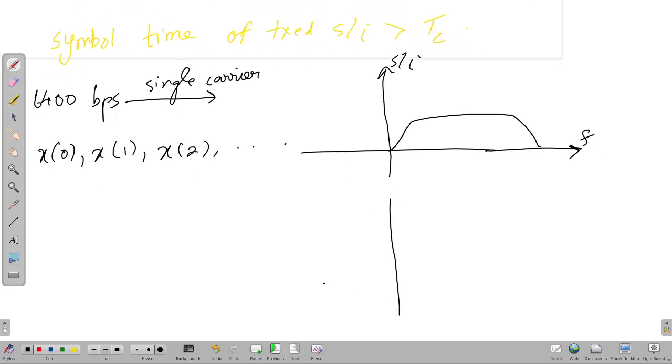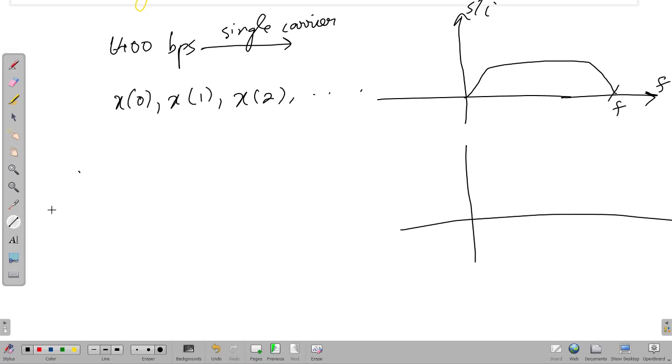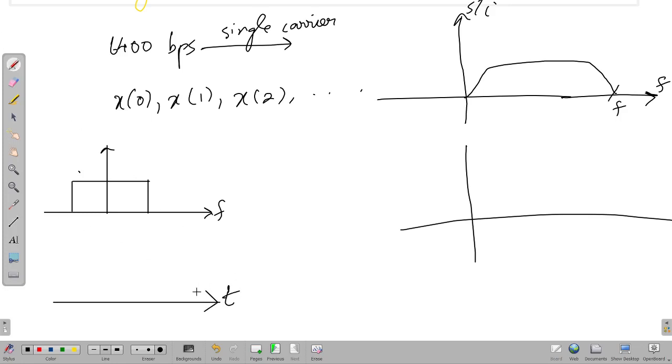The equivalent time domain will be, let me make you understand this: if you have a square-like pulse in the frequency domain, then in the time domain you will have a sinc pulse.